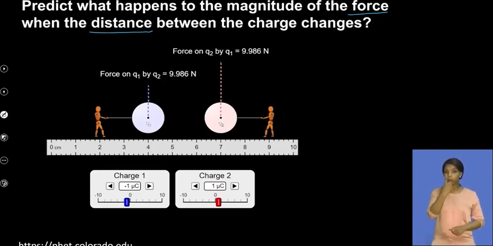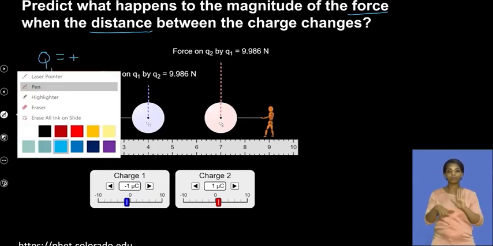Now, we've got two point charges, Q1 and Q2. If we can collect our data, Q1 in this case is negative, okay, that's negative. Let's correct that.